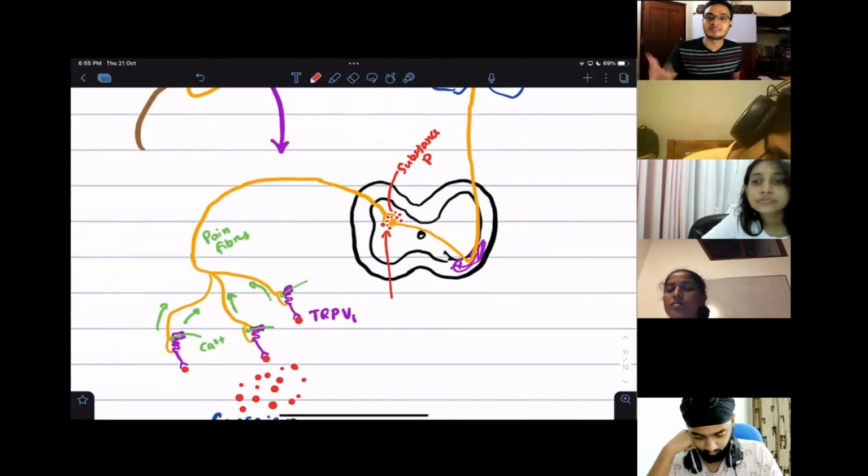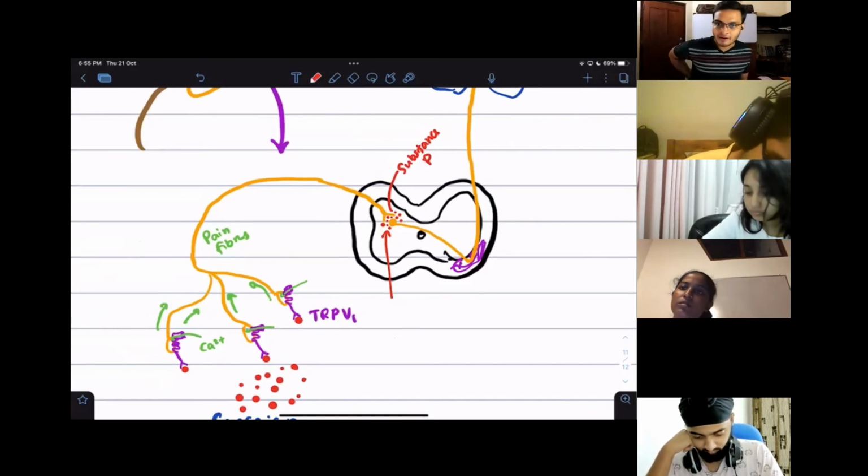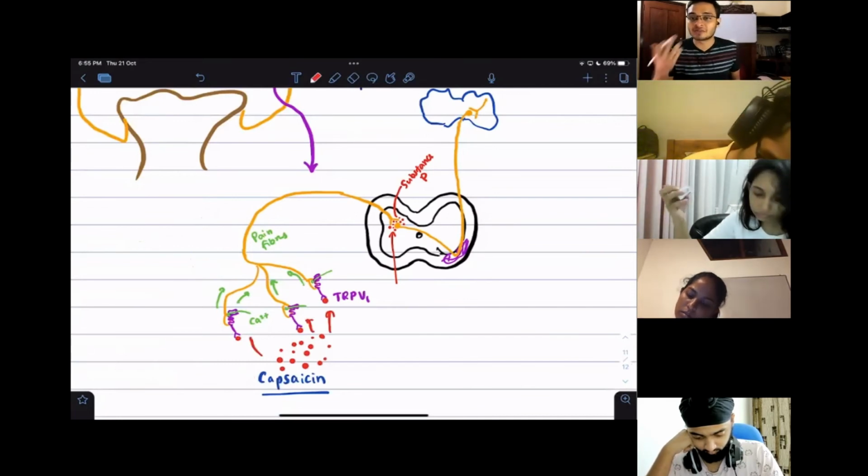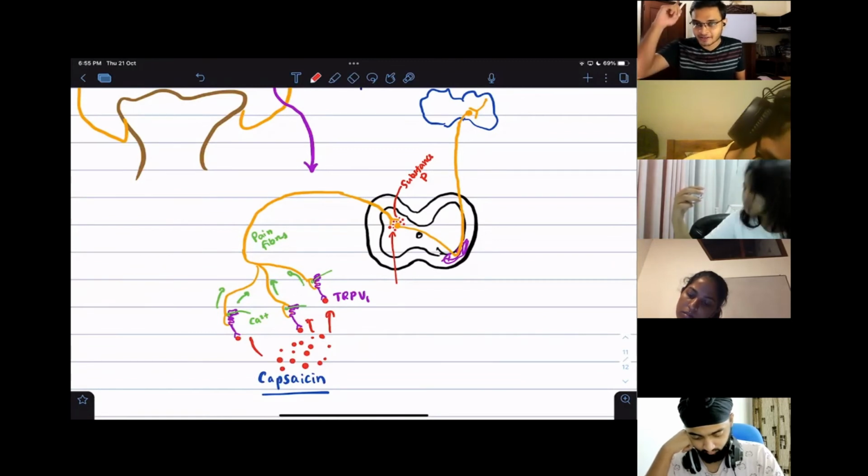It exhausts the neuron of substance P. So initially it will burn, but within about 10-15 minutes, sometimes half an hour, the neuron is still being stimulated by capsaicin, but there is no substance P. The neuron has finished producing and releasing all its substance P. Without substance P, can pain be transmitted upwards? No, without substance P, no pain can be transmitted.